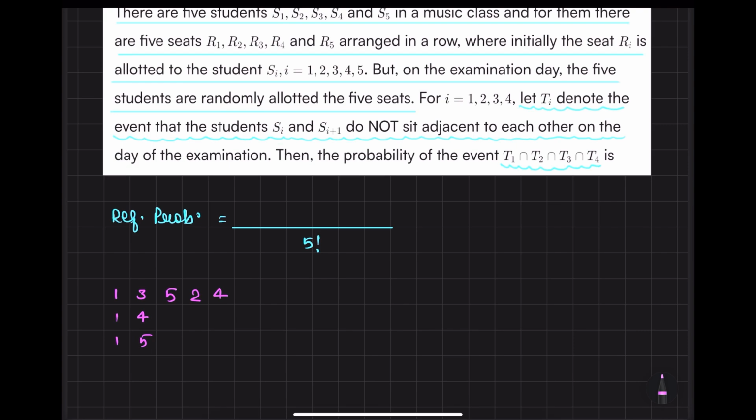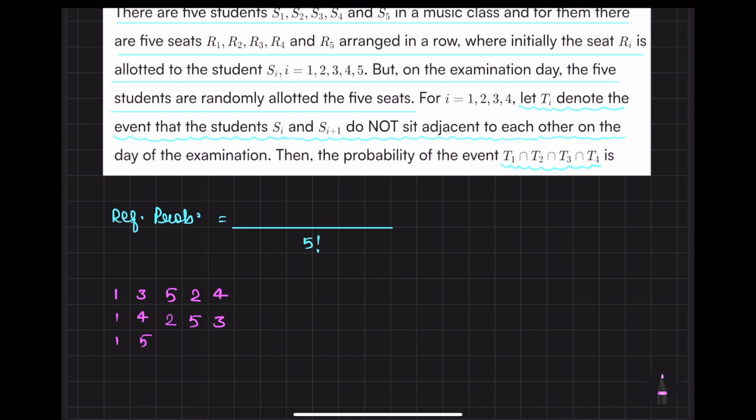So this is the first case. Now with 4 you know that 3 cannot sit and 5 cannot sit. So 2 is allowed, so 2. Now with 2 you know that 3 cannot sit, and you are left with 5, so only one choice, 5 and then 3. So this is also a valid case.